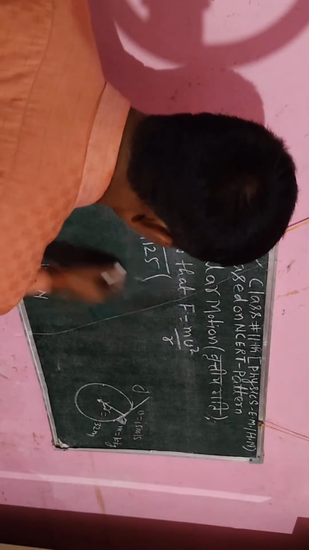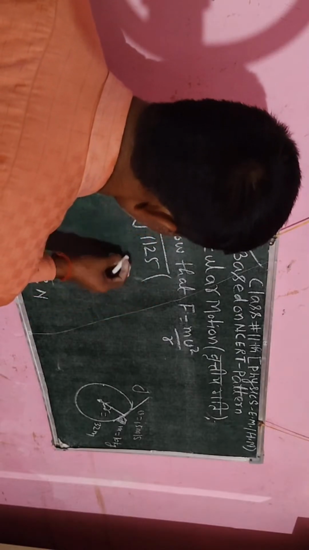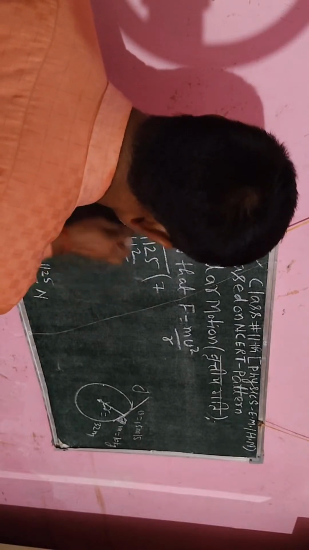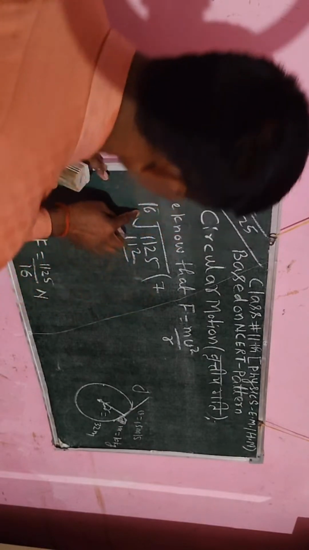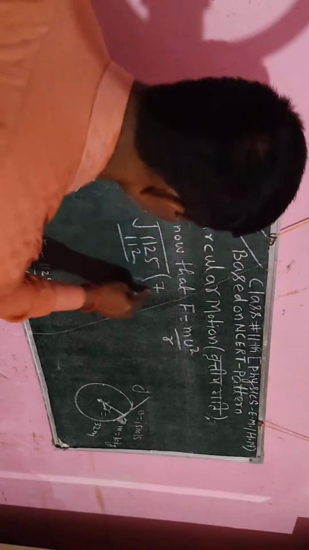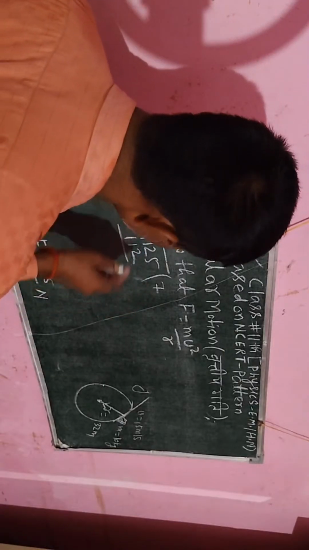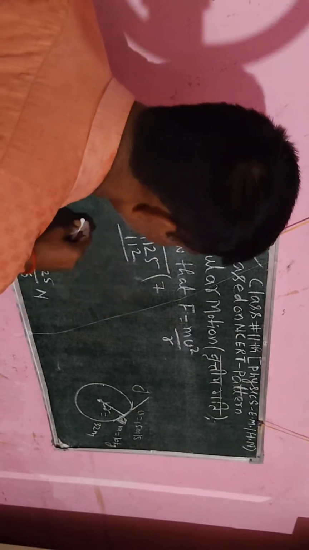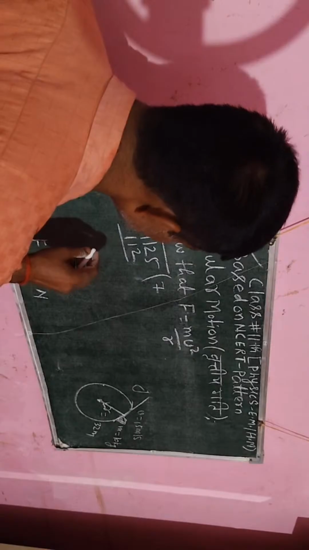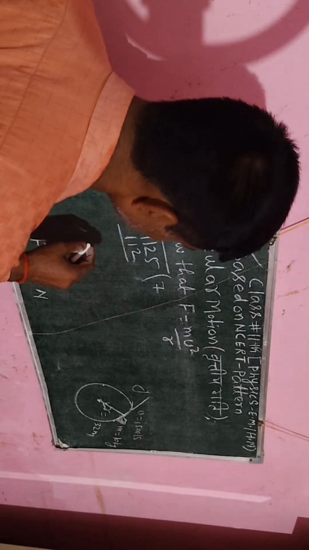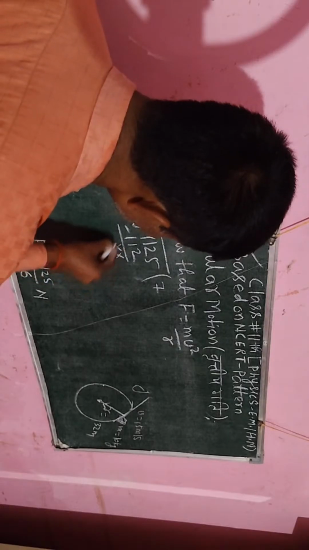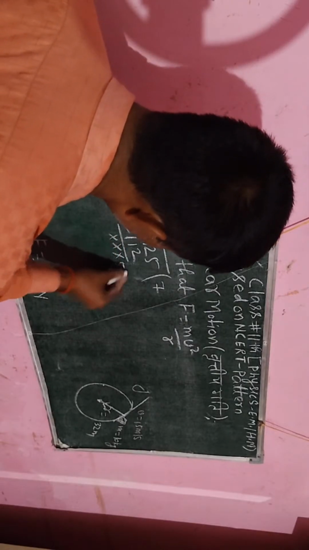So here 7 6s are 42, 2 carry will be 4, and 7 1s are 7, 7 and 4 are 11. So I will subtract, this will be 0, this will be 0. Again I will put here 5.